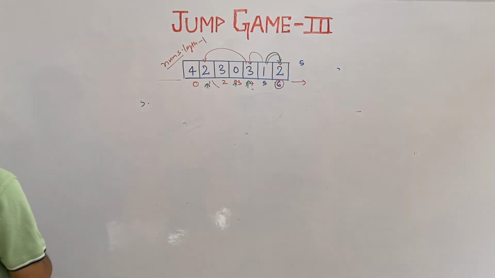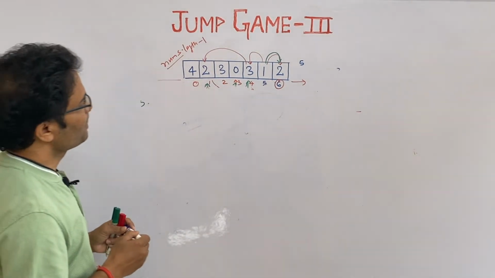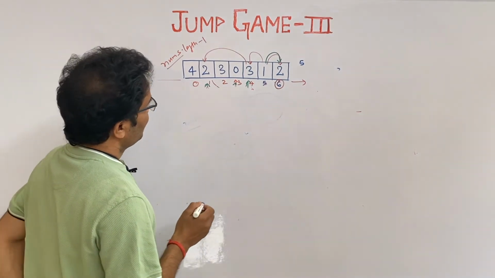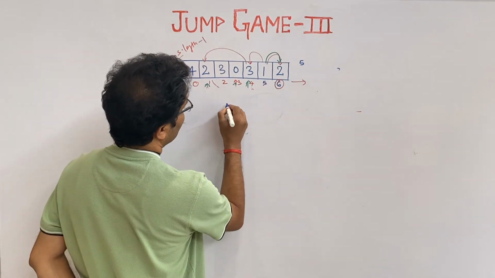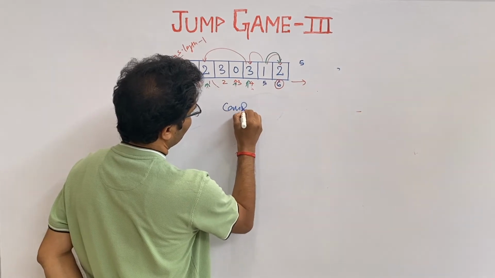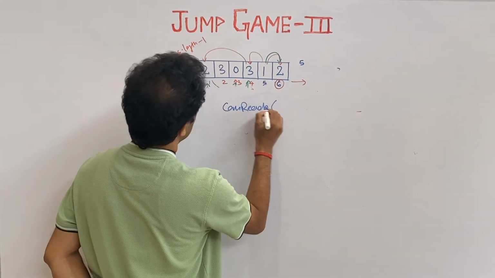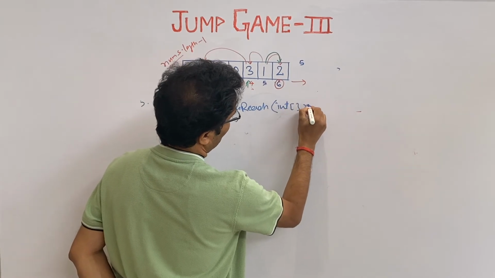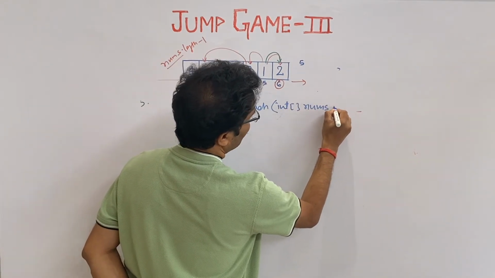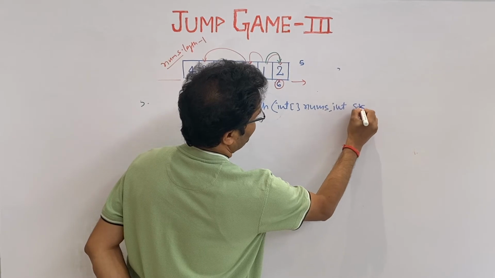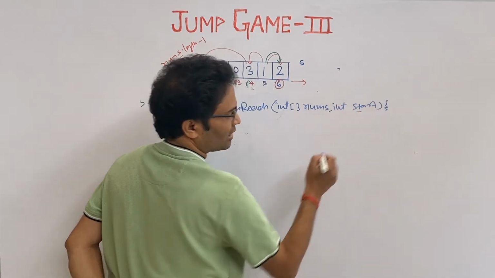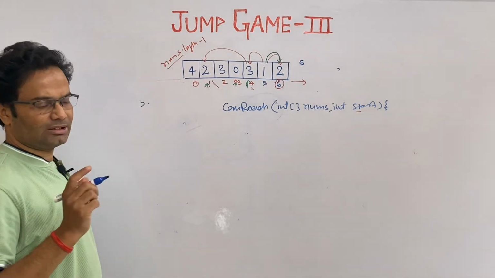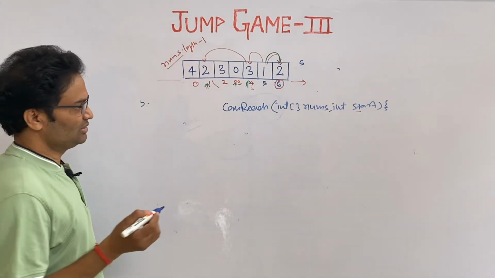Okay, so how the code would be there. Suppose the method name is canReach, and we get this array nums, and you will have the starting point. So what you have to check here? First you have to check all these conditions, right?